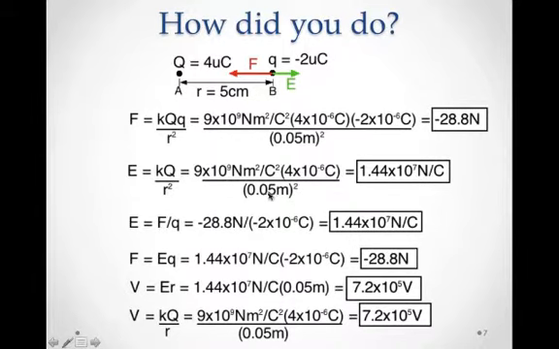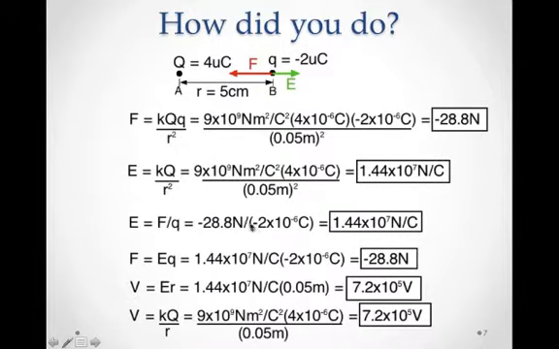Remember, electric field strengths, you should be getting large numbers, where electric forces, you'll be getting kind of ordinary size forces there. Since we knew the electric force already, the easier way to do this problem is actually to take that electric force and divide by the charge here, and we should still get the same answer.